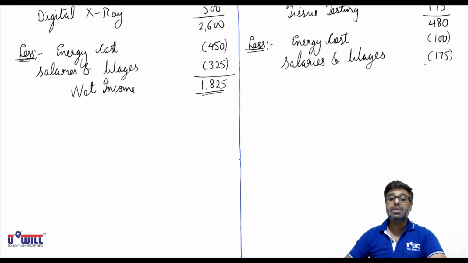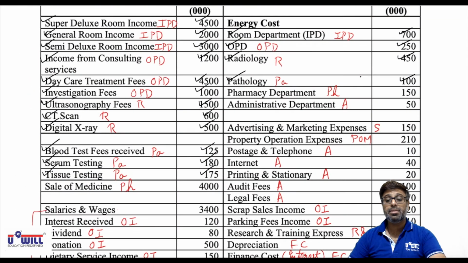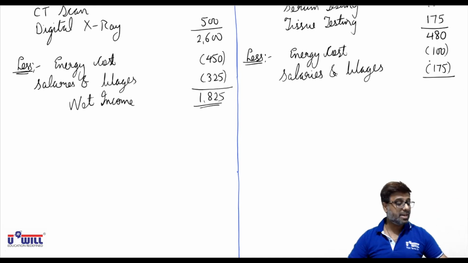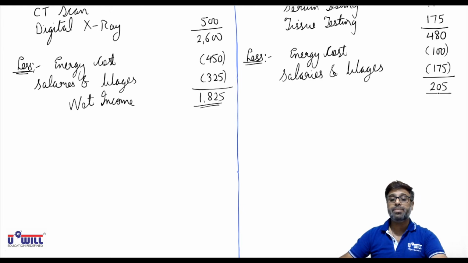No other expenses of pathology are also given. So final amount will come to 480 minus 275. That comes to 205 net income.